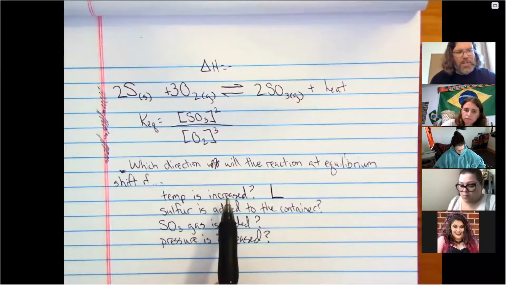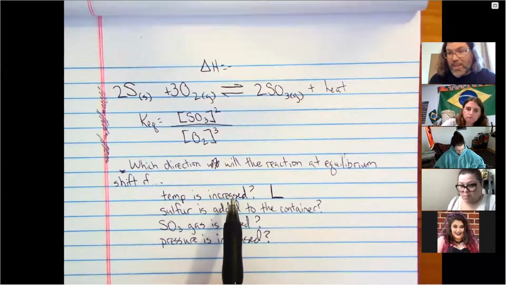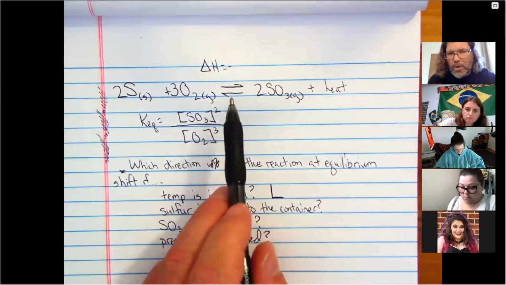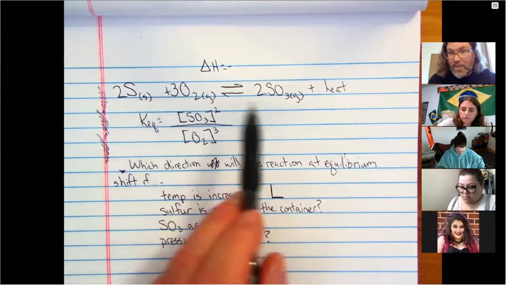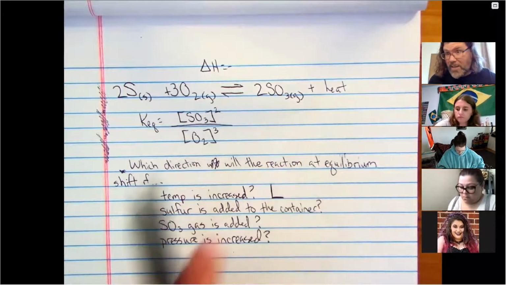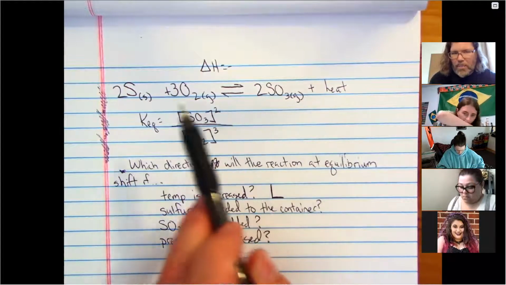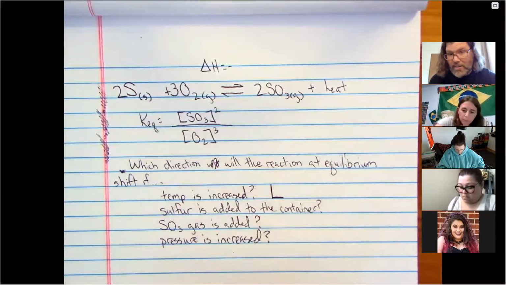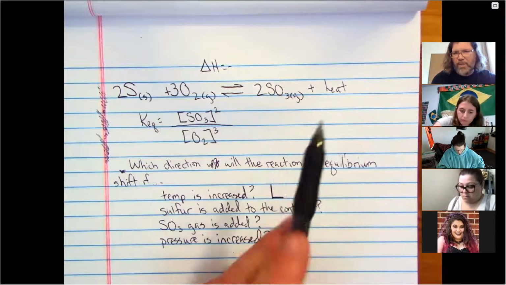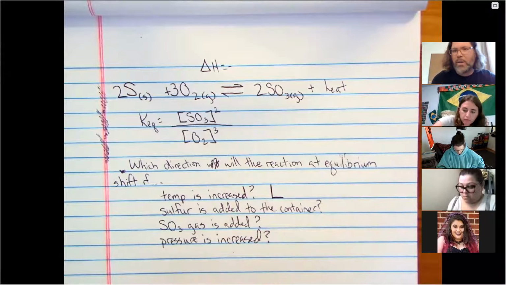If we increase the temperature, the reaction can get rid of extra heat by shifting to the left. We can use up that product by shifting left to make more reactants. That's why we shift to the left here, to get rid of that extra heat that is a product of this reaction.